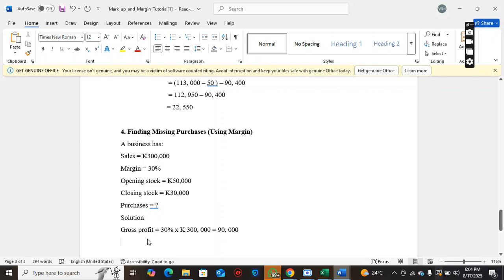Once we've got our sales revenue and our gross profit, we need to get our cost of goods sold, because purchases is within that cost of goods sold.